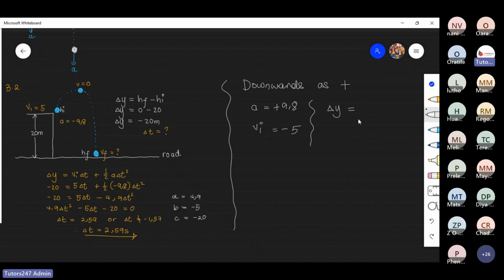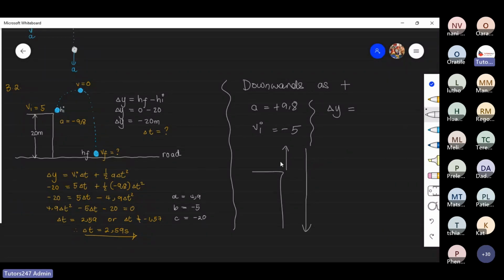Your displacement, keep in mind, is going down. The resultant displacement. Because remember, part of your displacement goes up and part of it goes down, but the resultant goes down. So if this is your bridge, there's a displacement going up when the object was thrown up. It then curves and comes down.